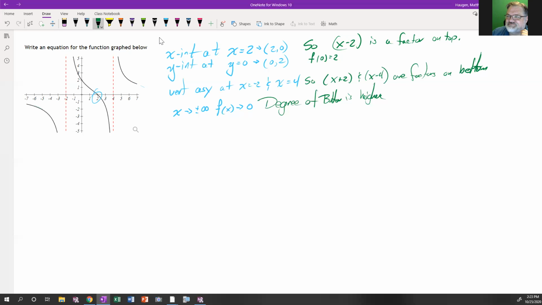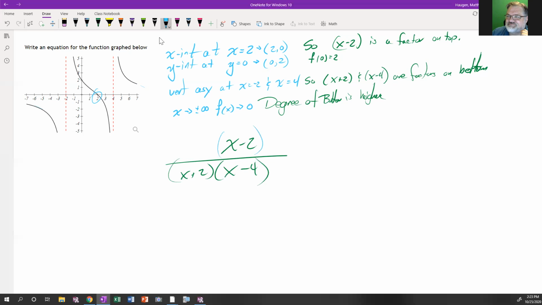So the degree of the denominator will naturally be higher if we just go with that. So it looks like we're going to be pretty safe here. So that means we have x minus 2 in the numerator and x plus 2 and x minus 4 in the denominator. Now, is it possible we have other factors?